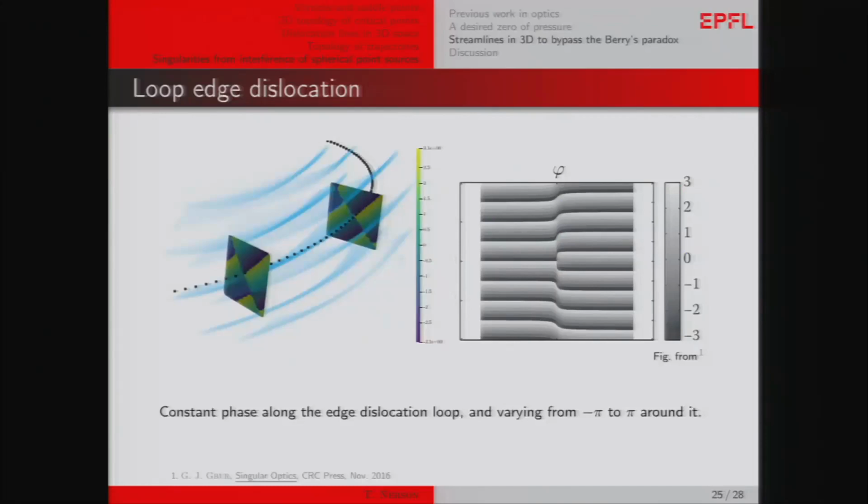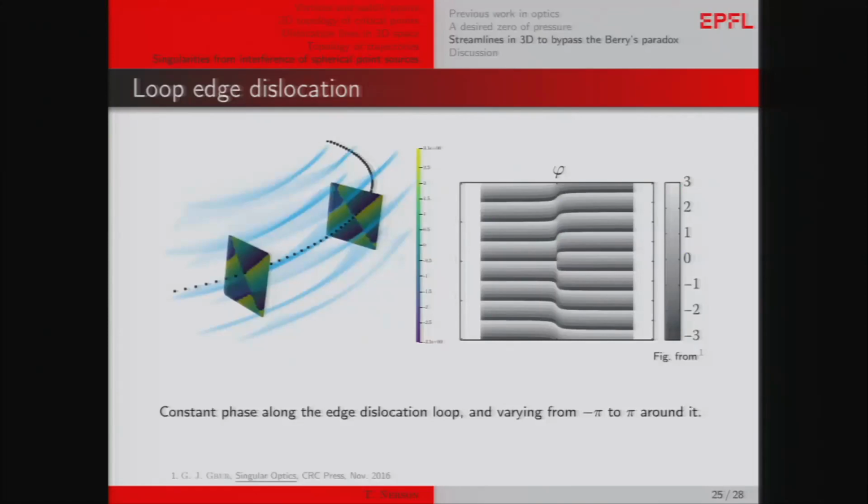If you take again the definition of an edge dislocation, you needed the phase to be constant along the dislocation. But as we know, at the vortex point, the phase is not defined. So we need both the vortex plus the saddle to define this dislocation.